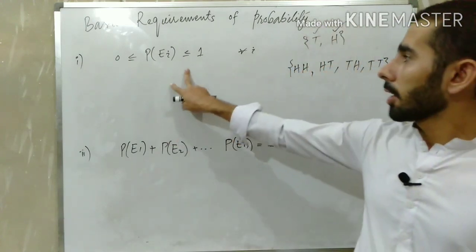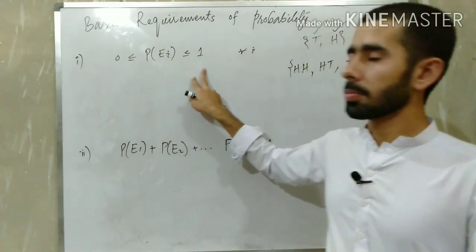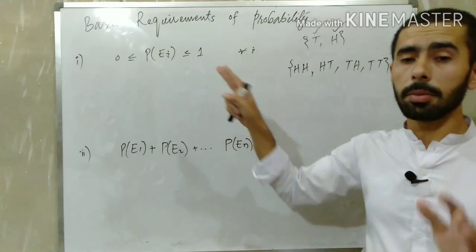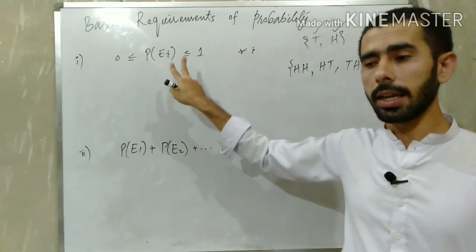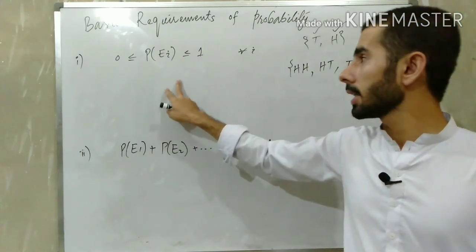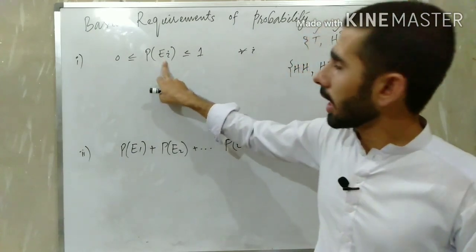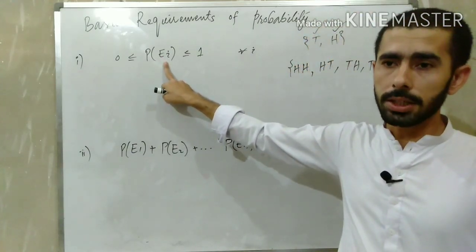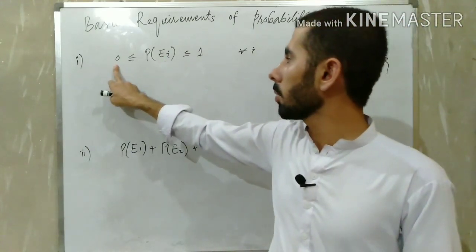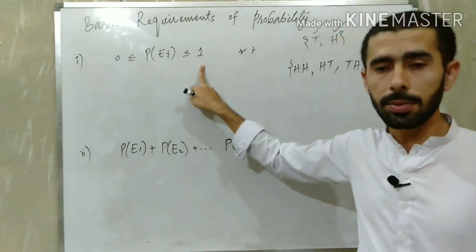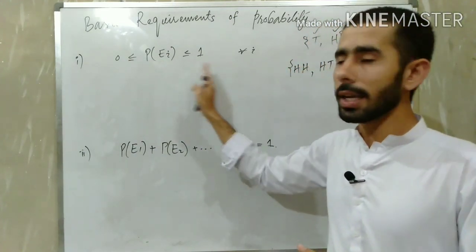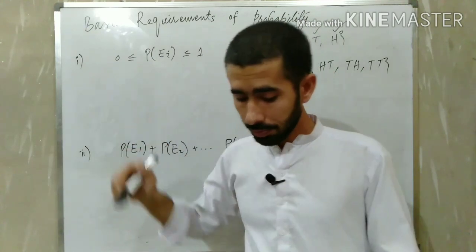The first requirement that we need to always keep in our head and make sure that it is followed and not violated is that for whatever thing you are finding the probability, that probability must always be between 0 and 1 inclusive. It should not exceed 1 and it should not be lesser than 0.